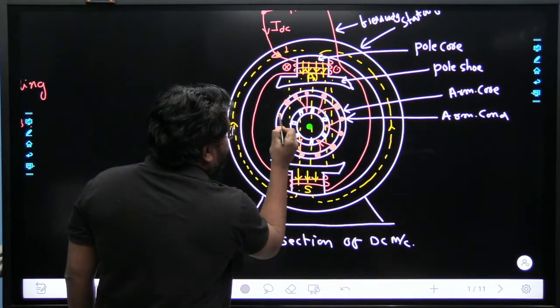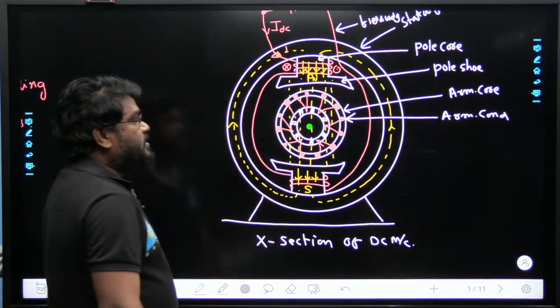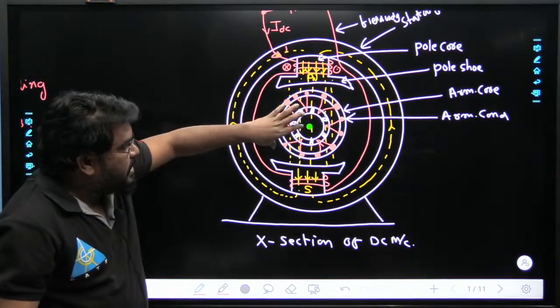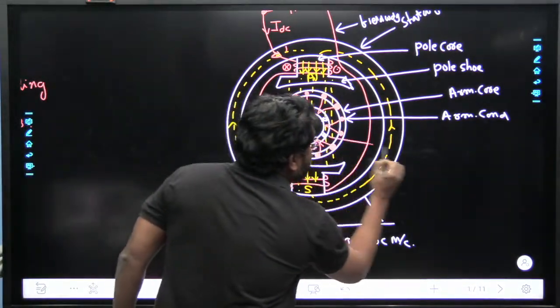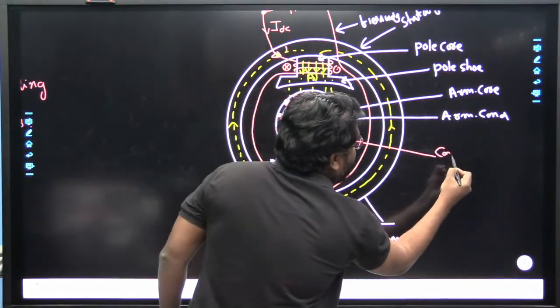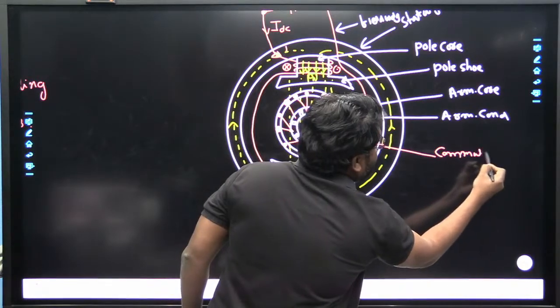All of these are connected to the commutator segments, like this one. These two are connected to the commutator segment. All the conductors here are connected to the commutator segments. So this part we can say is the commutator of the machine.